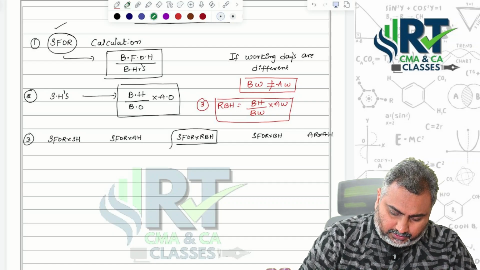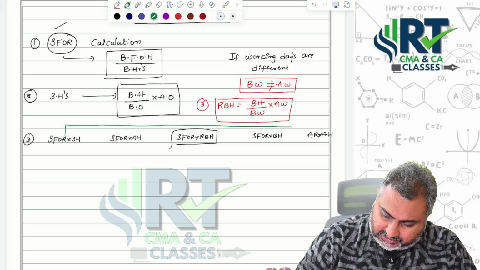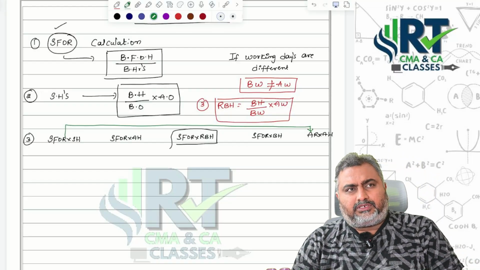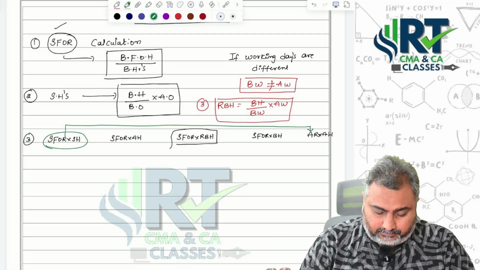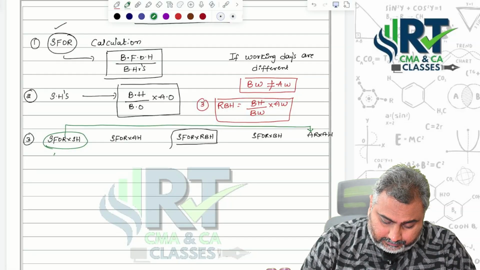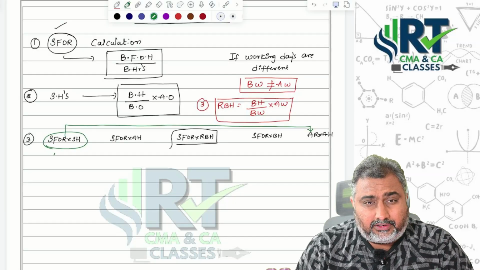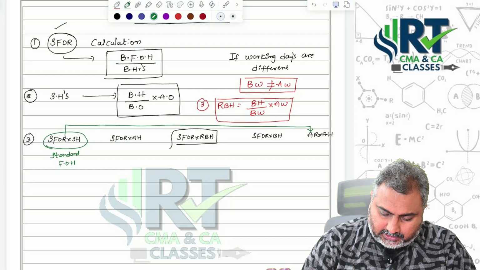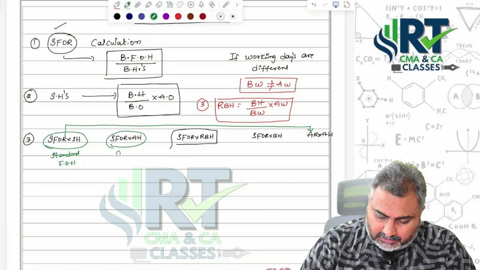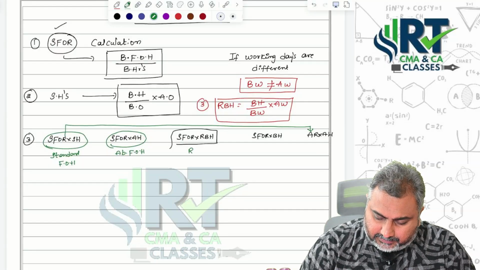Now see your variances. Before starting the formulas: SFOR into SH is standard fixed overheads. SFOR into AH is observed fixed overheads. SFOR into RBH is revised budgeted fixed overheads.